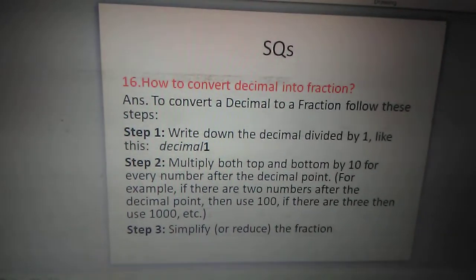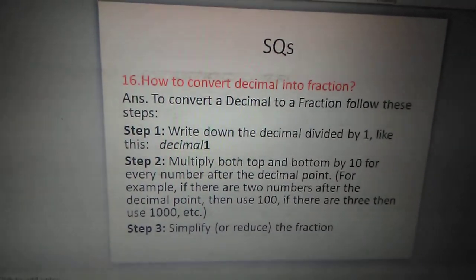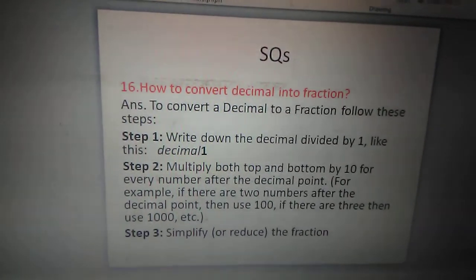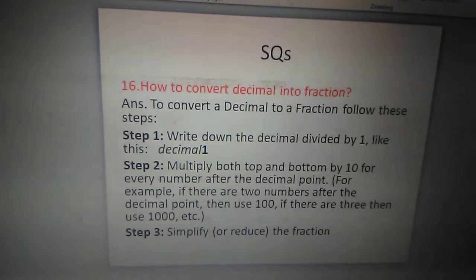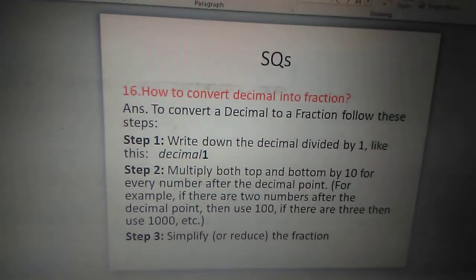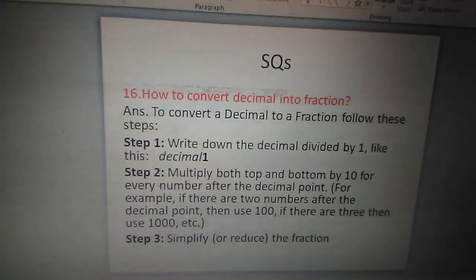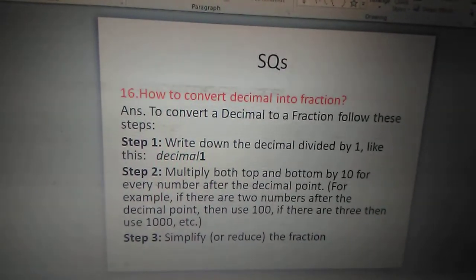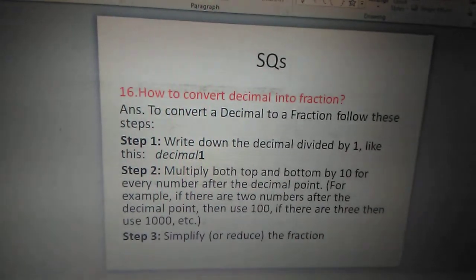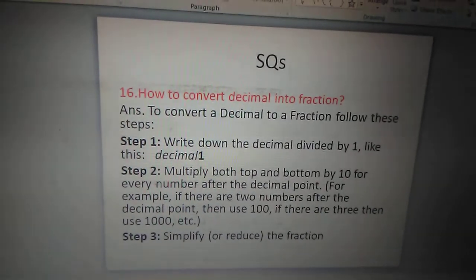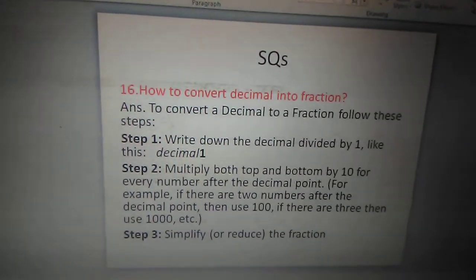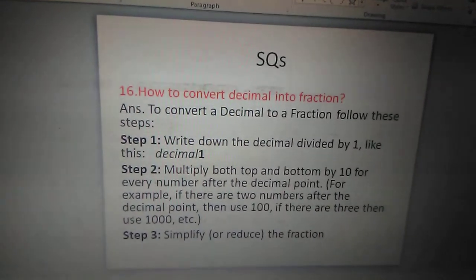Third one, simplify or reduce the fraction. So 3 steps here, I repeat. At first you write the decimal divided by 1, then you multiply the decimal and the 1 by 10 or 100 or 1000 or more, based on how many numbers there are after the decimal point.